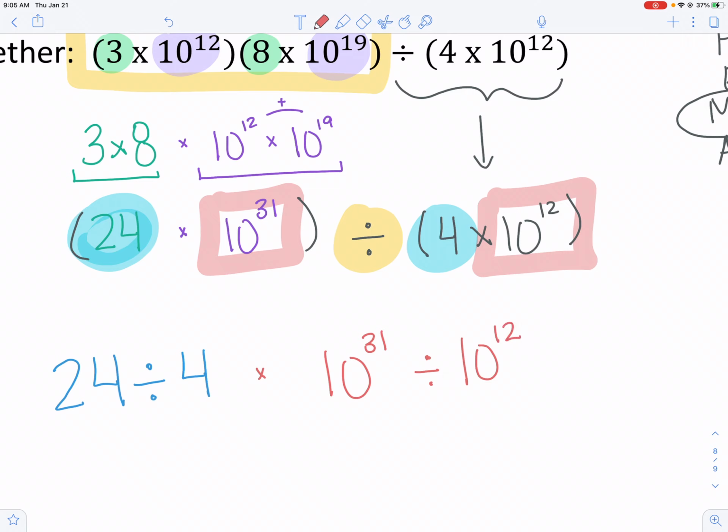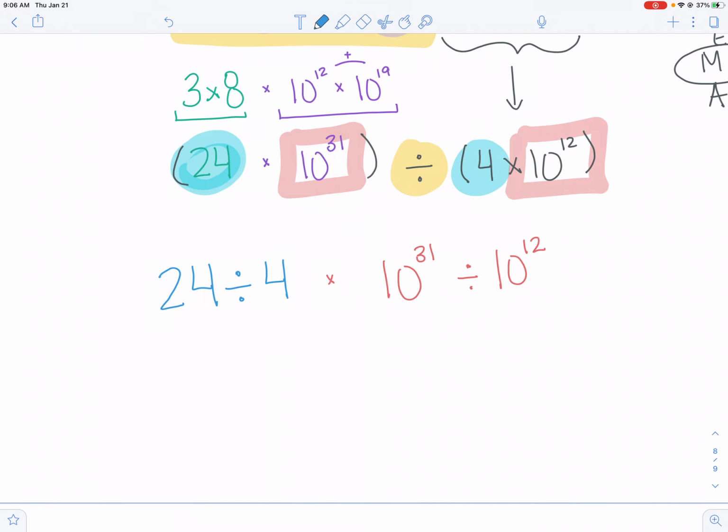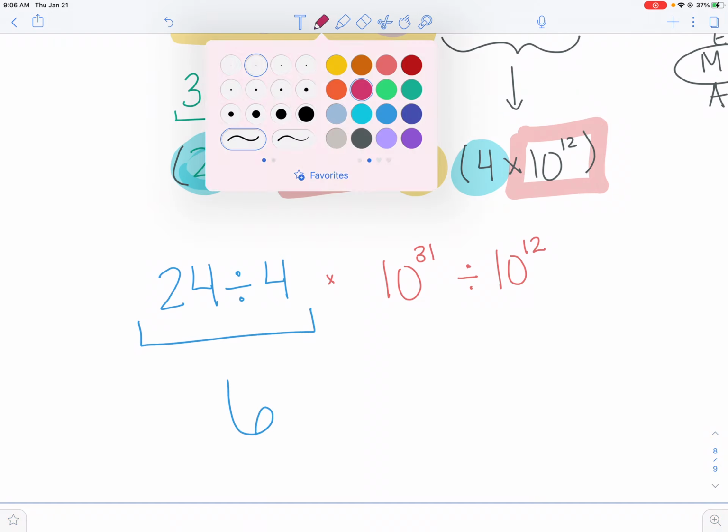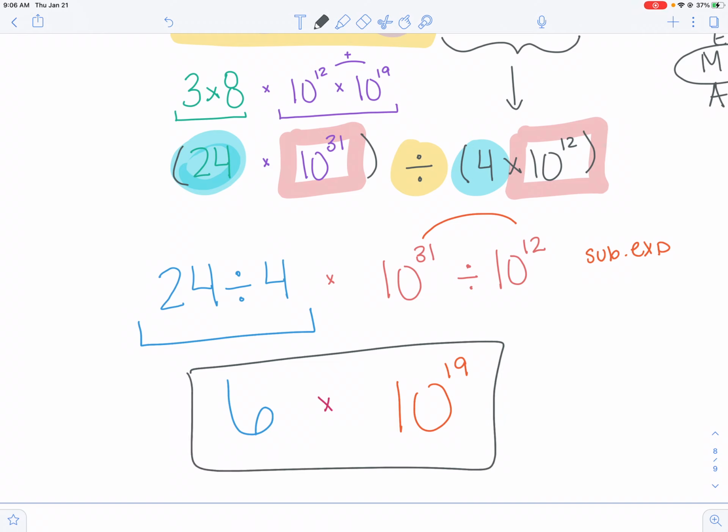So again, I'm just rearranging, and now I'm going to simplify each piece. 24 divided by 4 is going to give me 6 times. These 2 numbers are being divided, so I'm going to subtract the exponents. 31 minus 12 gives me 19. So I'll have 6 times 10 to the 19. And that would be your final answer.